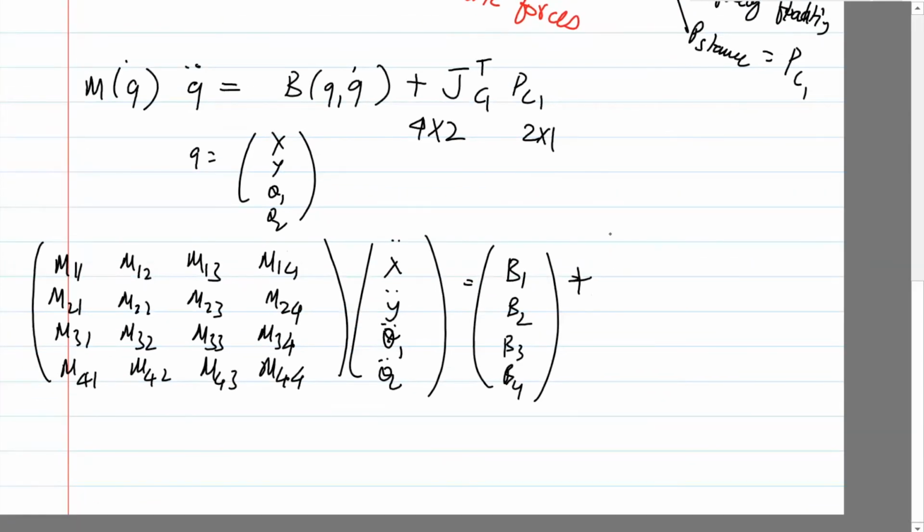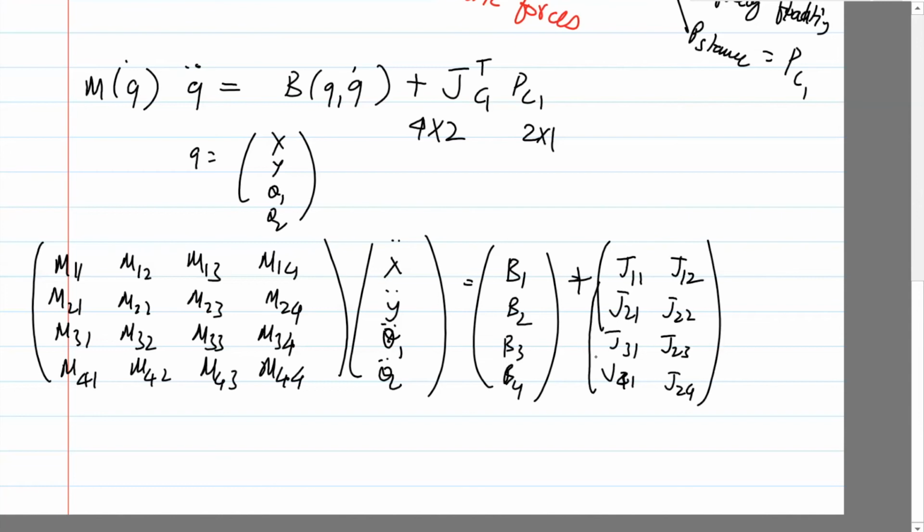Okay, so the Jacobian itself is J11, J12, J13, J14. Is that right? So normally it has 4 rows. So my bad, the way I've written this, it's less confusing if I just write it down here first.